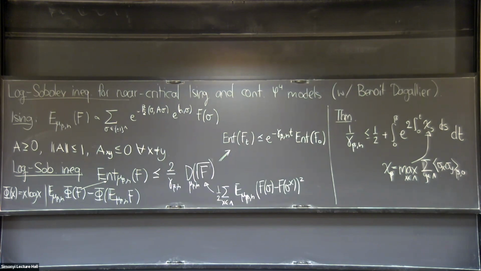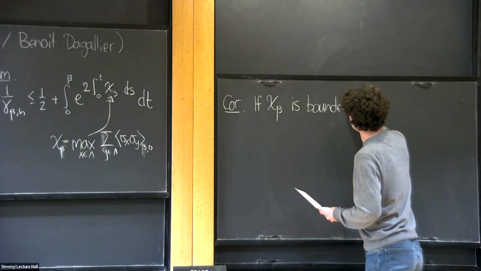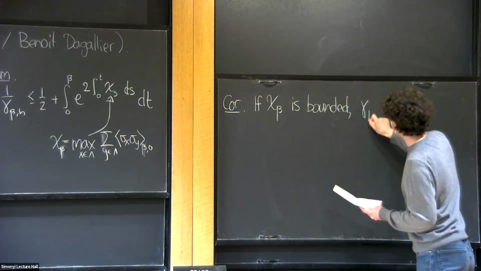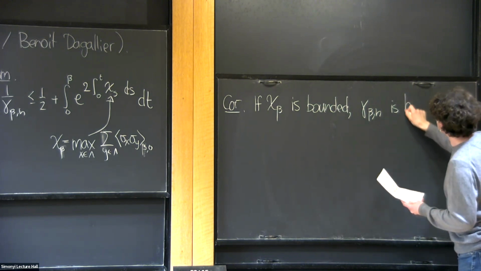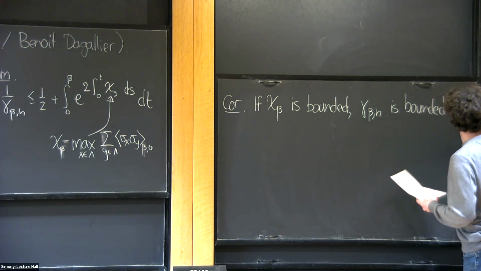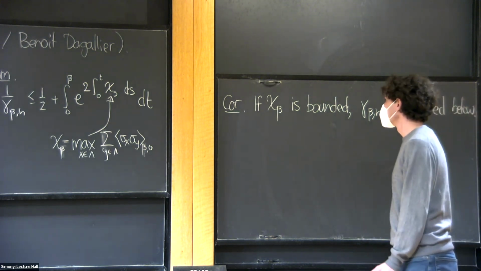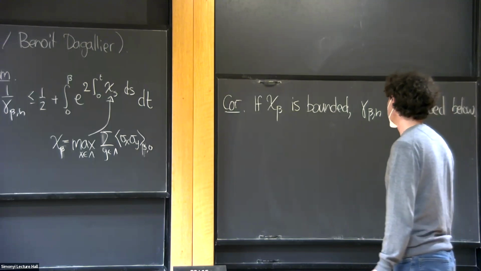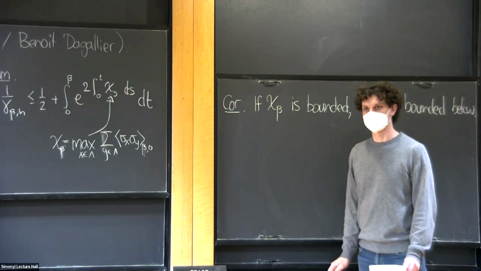So the chi is bounded. Gamma beta h is bounded below. So if I'm above the critical temperature, then I'm guaranteed exponential rate of relaxation in any dimension.